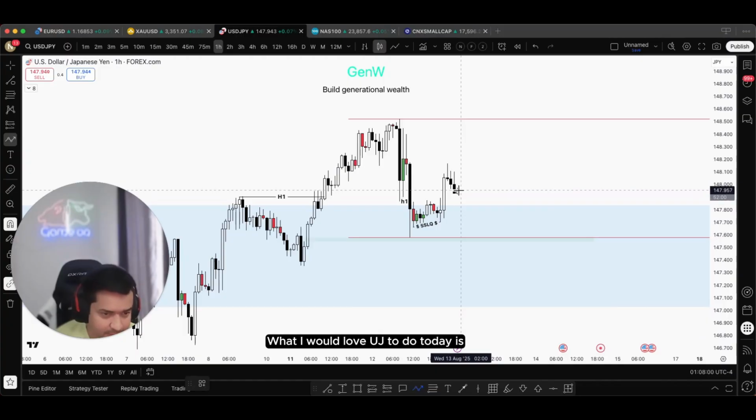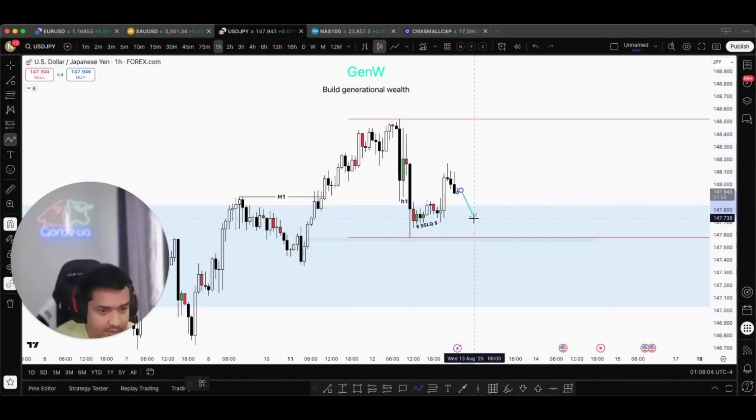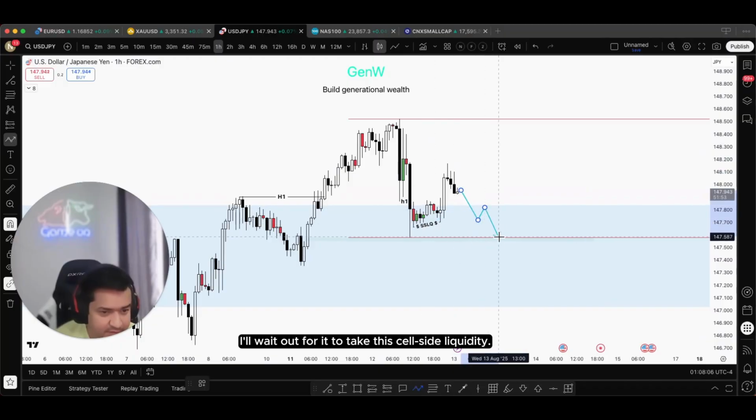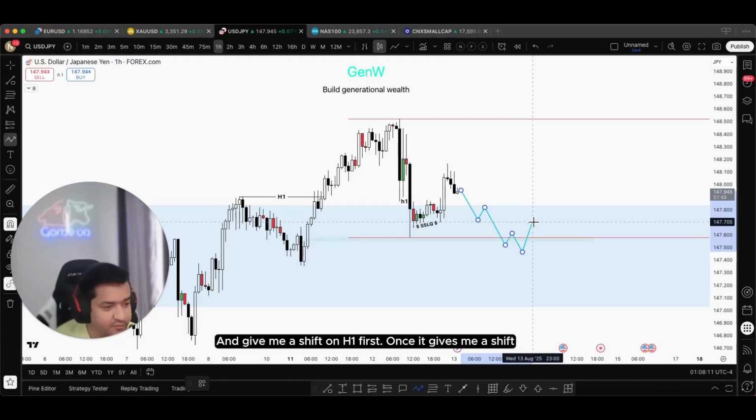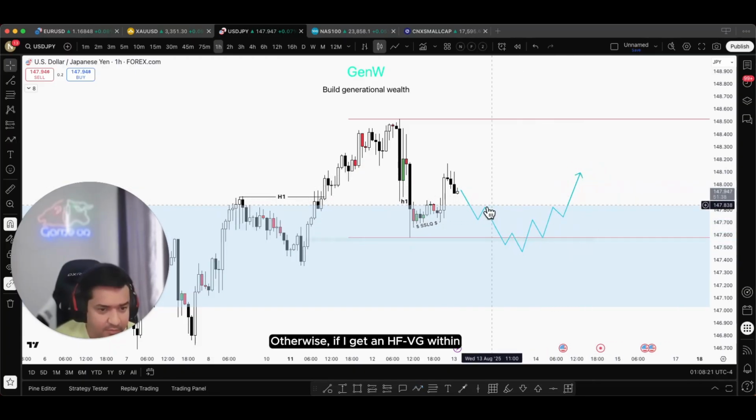What I would love UJ to do today is, I'm not in a rush because things are still developing. I'll wait out for it to take the sell side liquidity and give me a shift on H1 first. Once it gives me a shift on H1, then I can know that now my shorter time frame direction has become bullish, and then I would start taking longs.